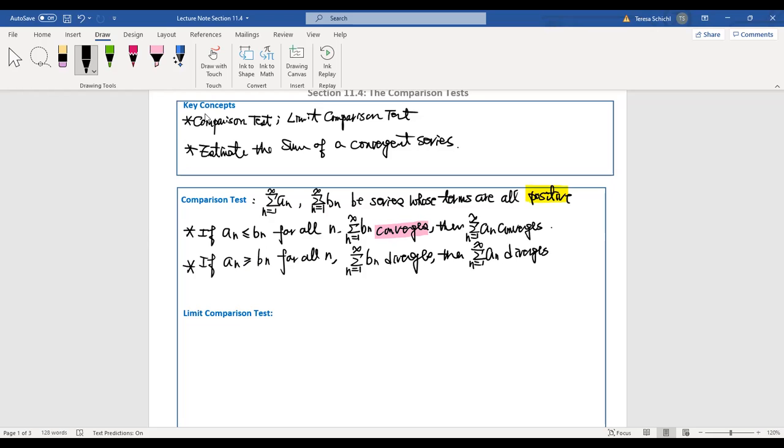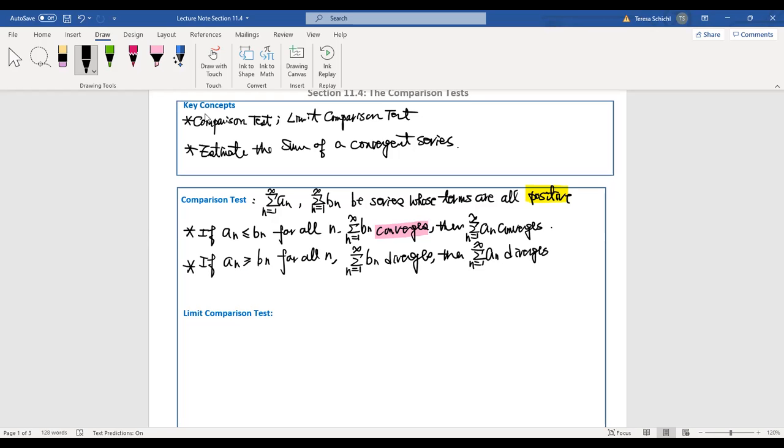This is also intuitive. If every term of an is greater than bn, and the bn add up to infinity, then of course an is not going to converge.